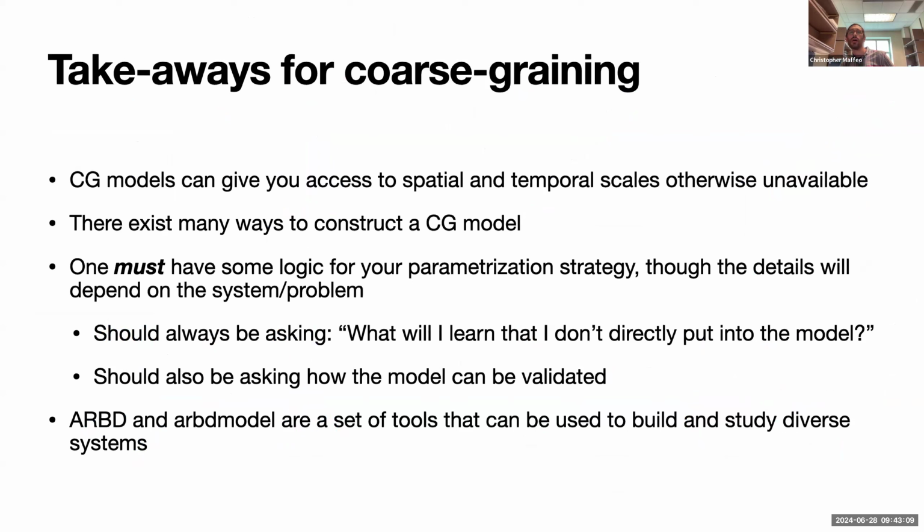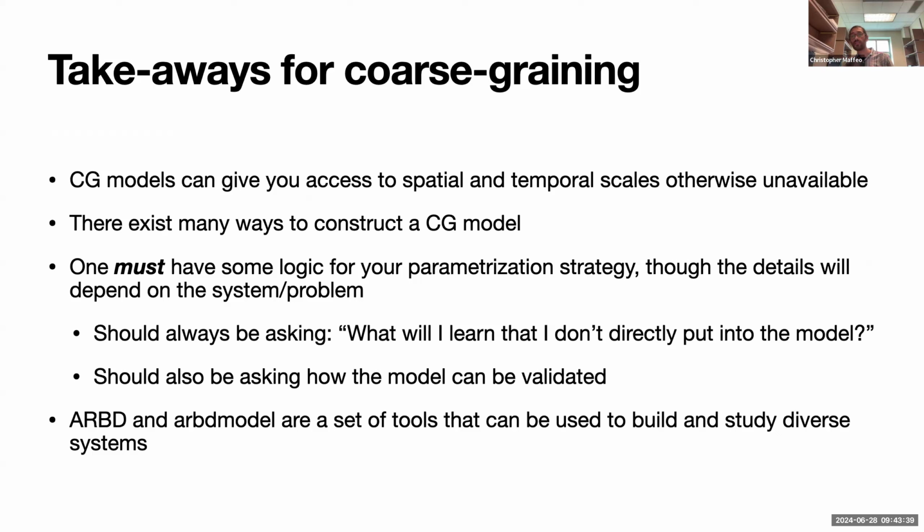Okay. The big takeaways so far should be that coarse grain models can give you access to scales that you would not otherwise be able to reach. There are many ways to construct a coarse grain model. You should always have some kind of logic for your parameterization strategy. The details will always depend on the specific system you're looking at, and what kind of physics you need to incorporate into it.